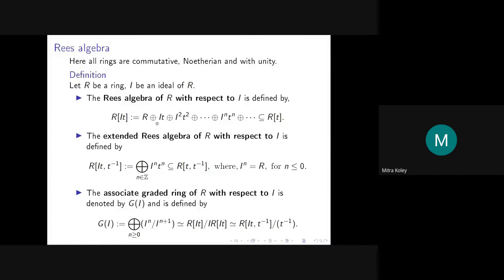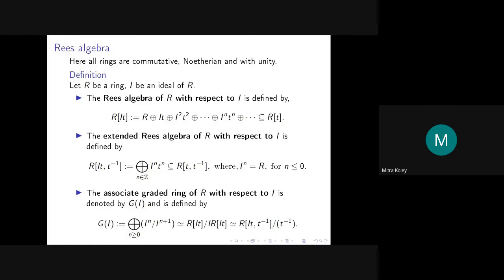Now the extended Rees algebra of R with respect to I is denoted by R[It, t^{-1}] and is defined as a graded subalgebra of R[t, t^{-1}]. It's a Z-graded algebra, and all non-positive graded components are just copies of R, the first graded component is I, the second graded component is I squared, and so on. So it can be seen that the Rees algebra sits inside the extended Rees algebra as a summand.